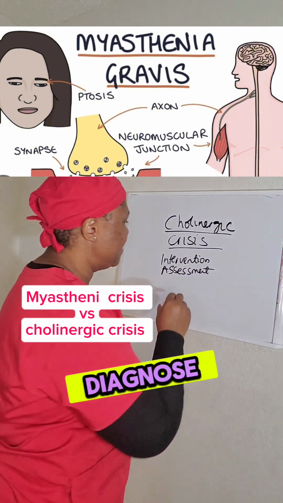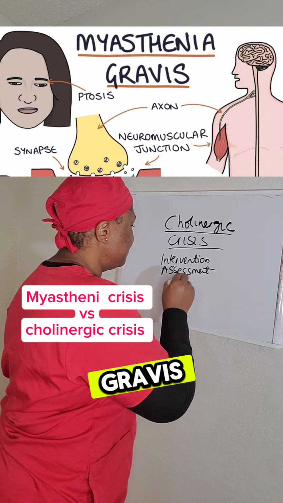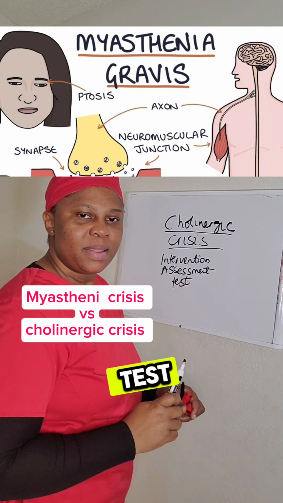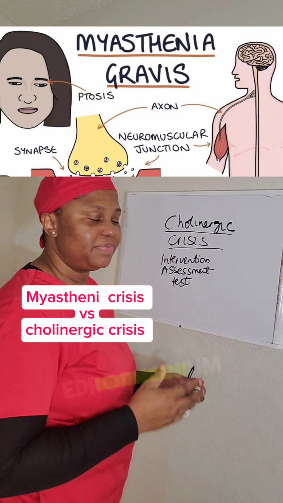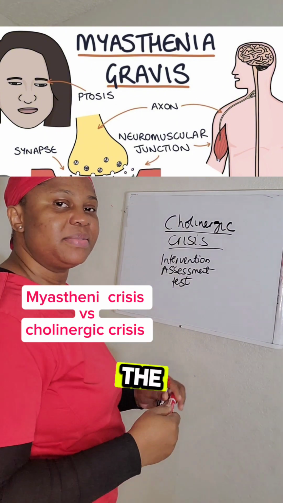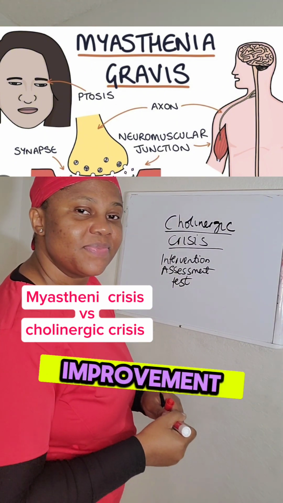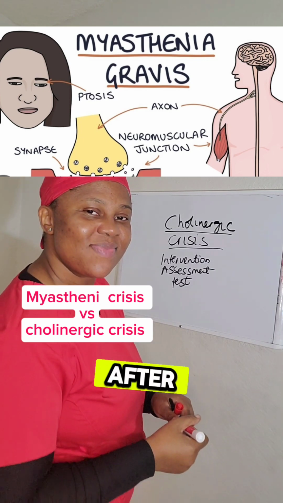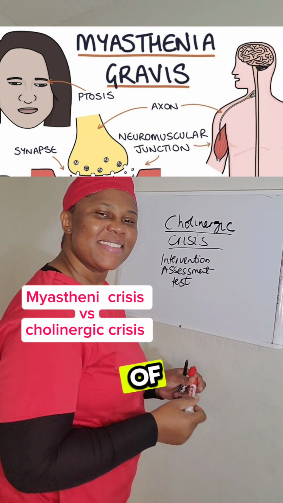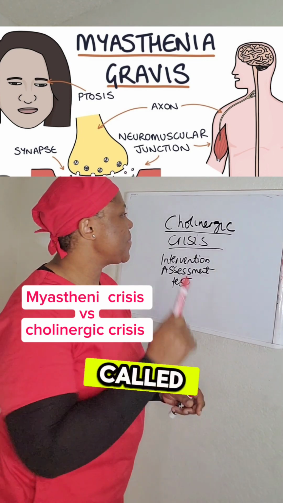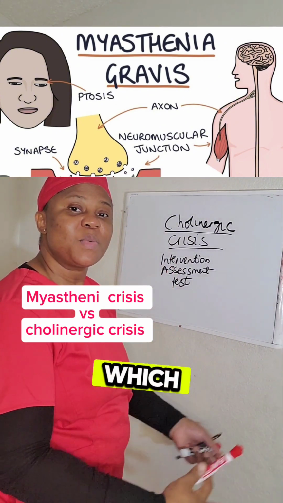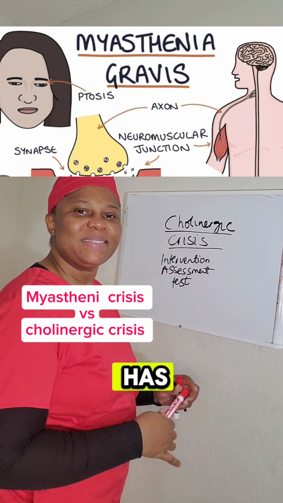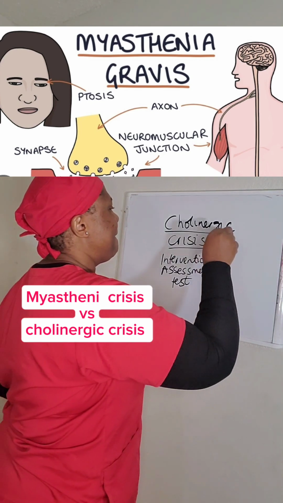How to diagnose myasthenia gravis using the test with the medication called Tensilon intravenous. If the client shows improvement in muscle strength after administration of this particular medication called Tensilon, it is called positive, which means that the person has myasthenia gravis.